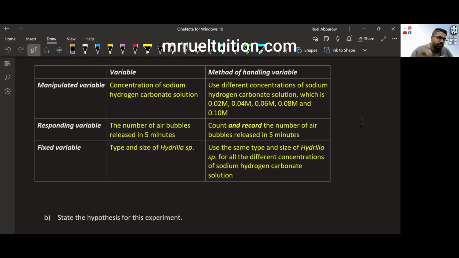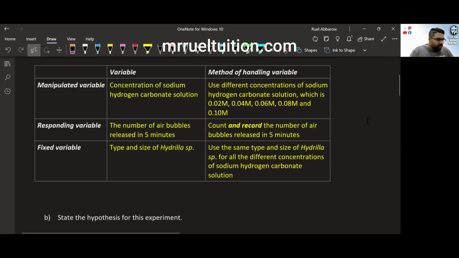So this is how we do method of handling variable. Very simple. Right? There's no need to write lines and lines of procedure. That's not how you do it. Okay. So thankfully, there are some mark schemes existing for this year that have samples of method of handling variable. Yeah, so we can refer to that.